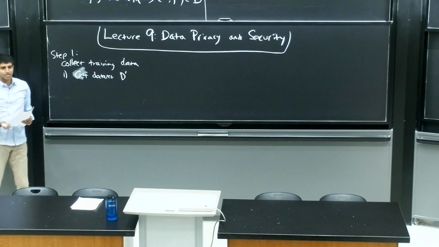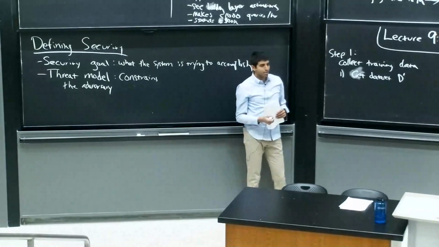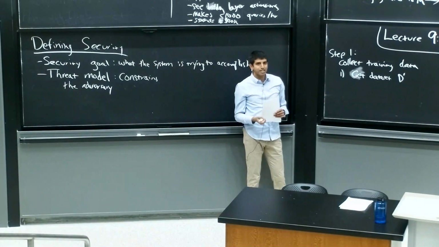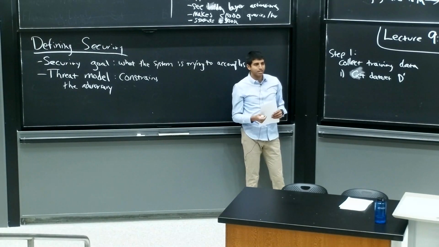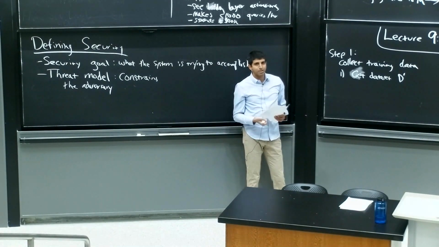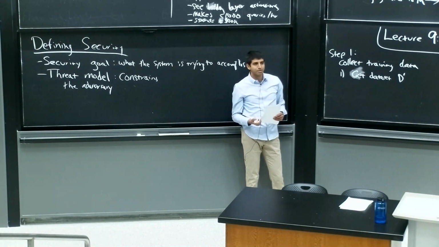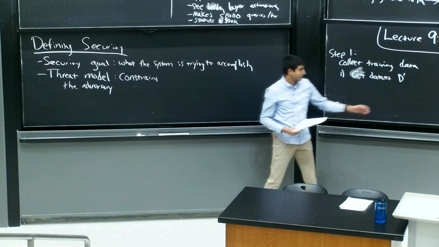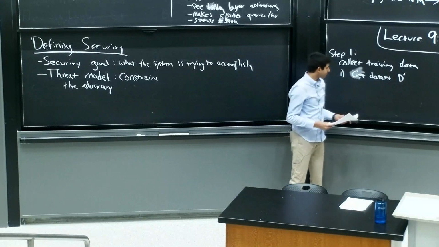In practice, if you're working with patient medical records, you have no idea what data set a hospital trained their machine learning model on, but you can go on Kaggle, or there are a bunch of hospitals that release de-identified patient information online. So you can get realistic data and use that to construct a new data set D prime.